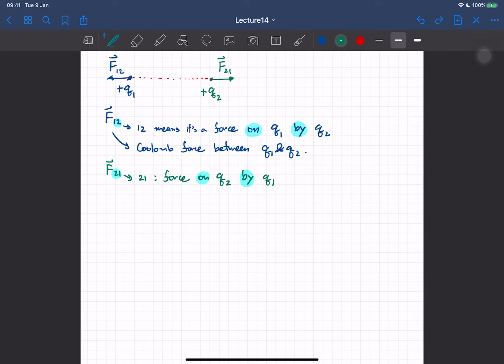If you suddenly have some kind of force here that is actually the force F12, this is wrong because it's supposed to be acting on Q2, so it cannot act on Q1 like this. It's a double check whether you have the force on the correct object or not. So be very careful about this, and you're going to see why when we have multiple charges in a few moments.